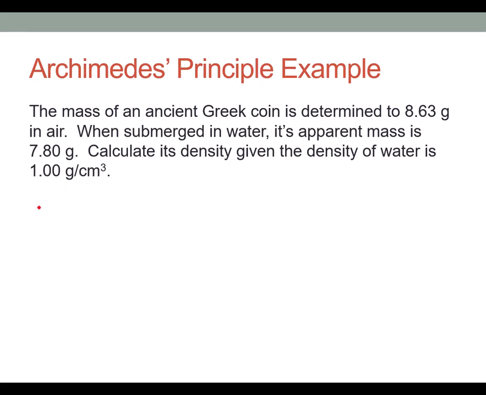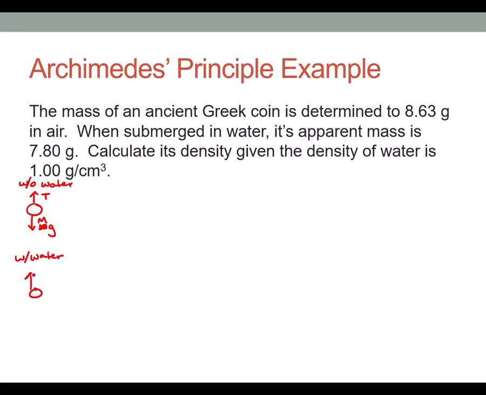So here we have a gold coin, and we are going to think about it in two different scenarios. One, when it's not in water. In that case, it's going to have a tension force up, assuming it's dangling from a string, and its weight going down. I wrote W instead of M because I was talking about weight. Now we're going to think about that same coin when it is submerged in water.